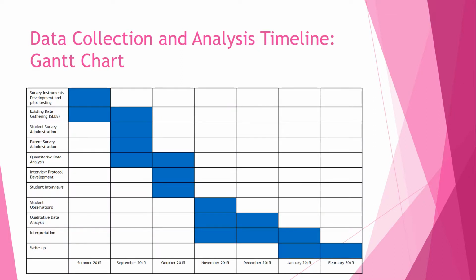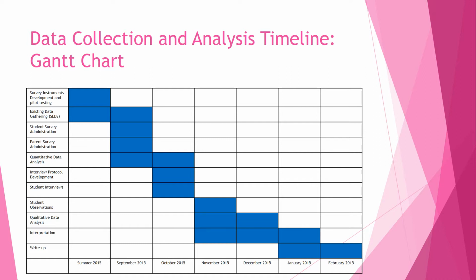Sometimes it's helpful to organize the data collection and analysis process into a timeline, and one effective way to communicate this is through a Gantt chart, which is a bar chart that shows the time that specific activities are supposed to take place. You organize each task along the left, one for each row, and then use a consistent metric of months, days, or whatever as the timeline.